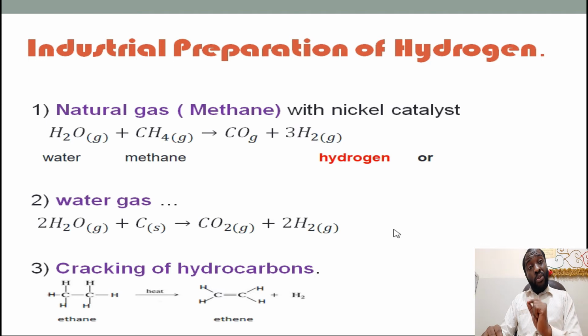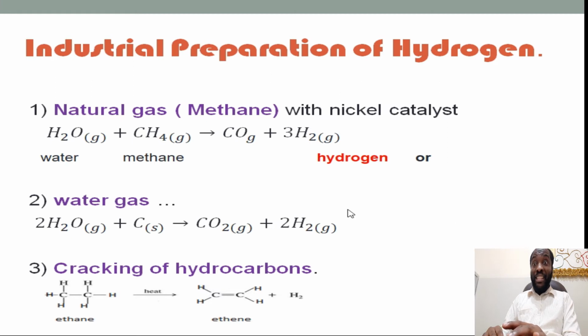And we can also obtain hydrogen industrially through the process of electrolysis, precisely the electrolysis of brine or concentrated sodium chloride, and even dilute sodium chloride. Good. So learners, that is how hydrogen is prepared industrially as well.